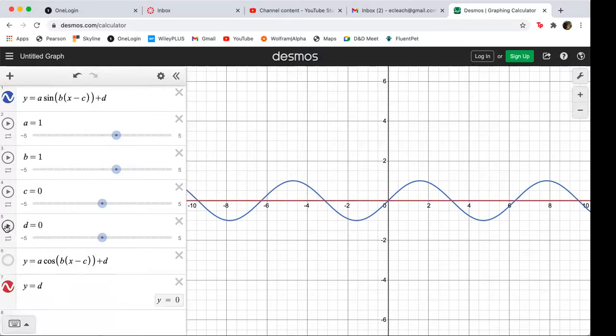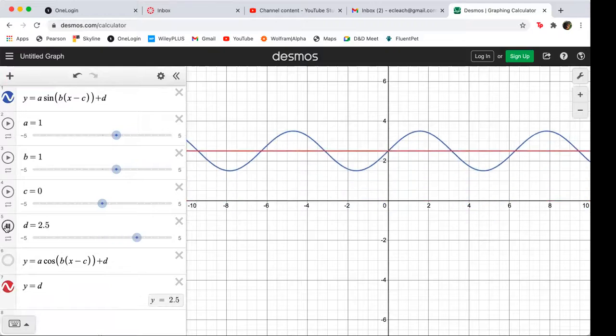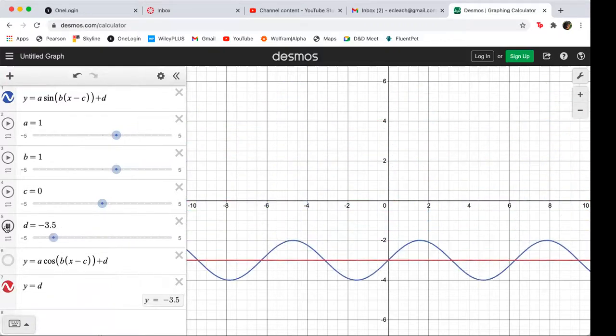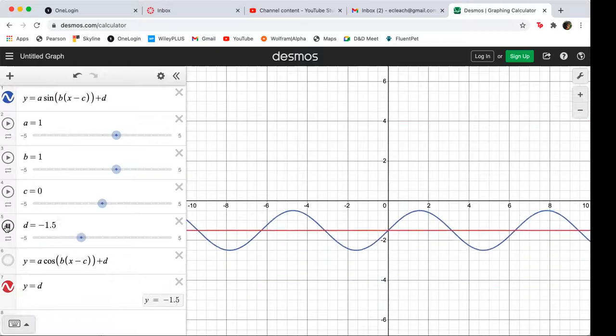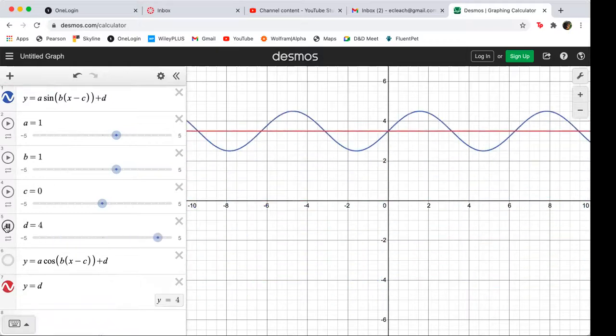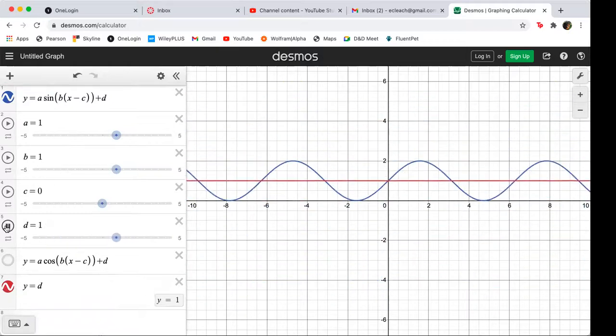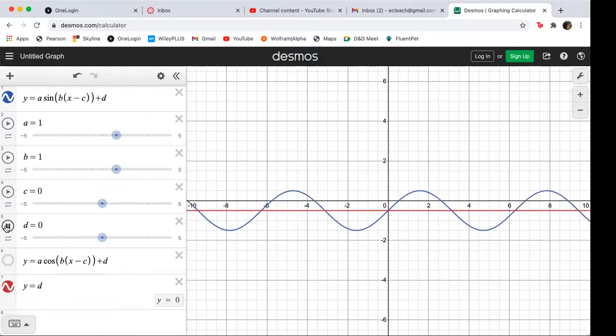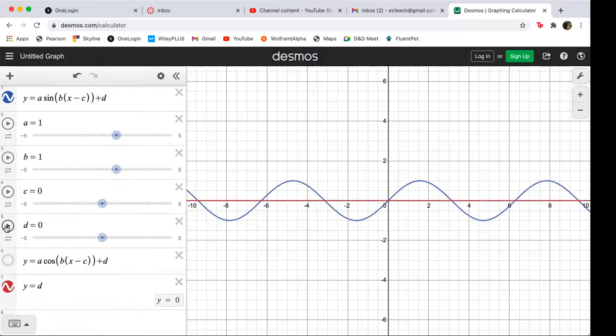If I set D in motion, notice that the middle is staying where it is, and we're just moving the graph up and down. We're just doing a vertical shift. Notice that the top and the bottom are also not changing.